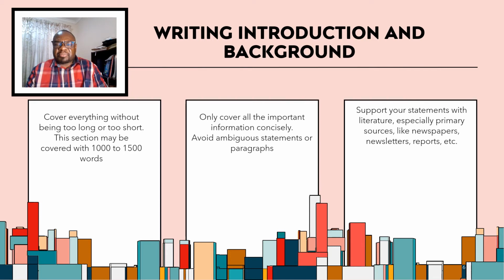And try to support your statements with literature, especially primary sources like newsletters and newspapers and reports. And there are many more other primary sources, like I said in my introduction to this video.